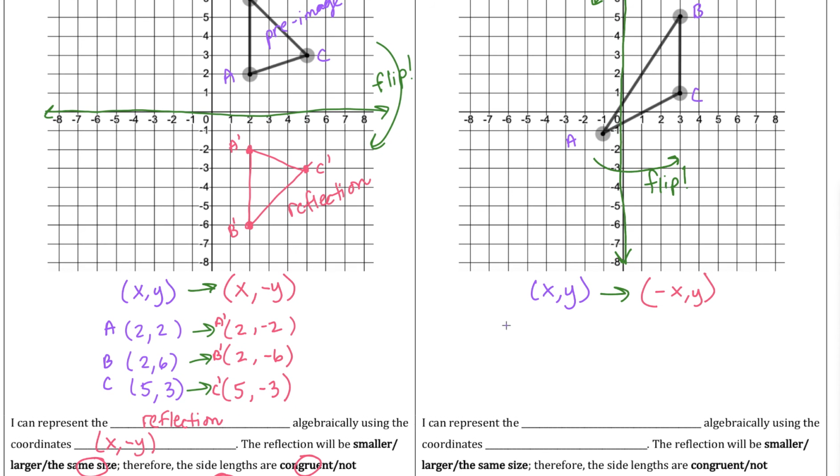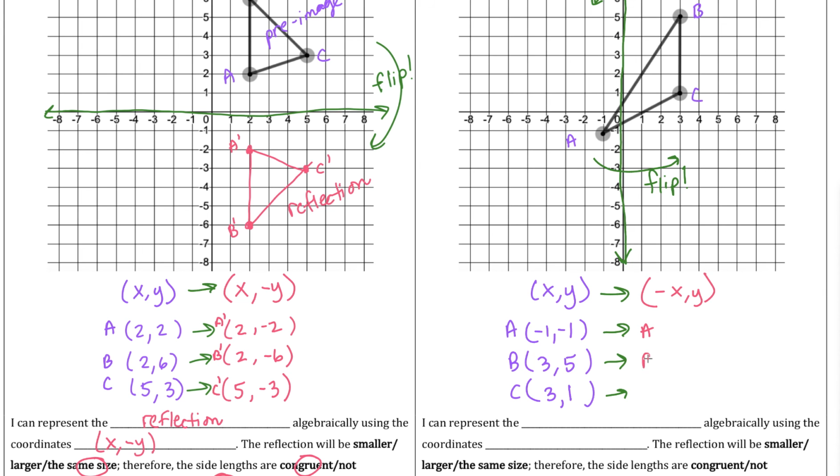Negative x comma y. And then let's go ahead and use these. So we get A, B, C. So A is -1, -1. B is 3, 5. C is 3, 1. And then we transform it. We reflect it.